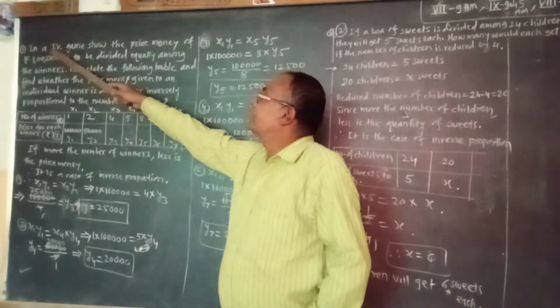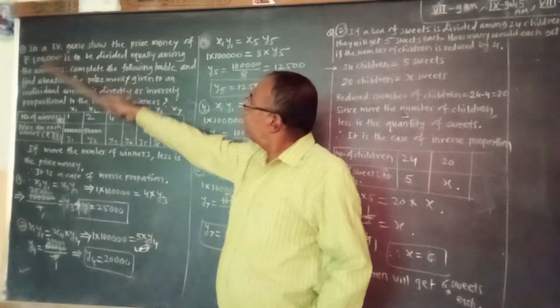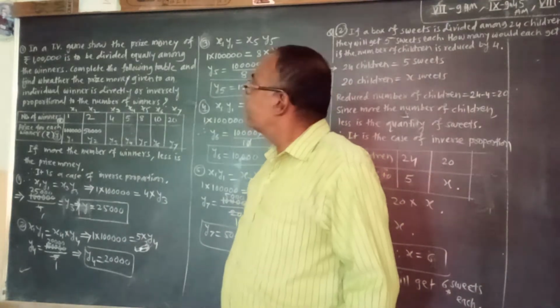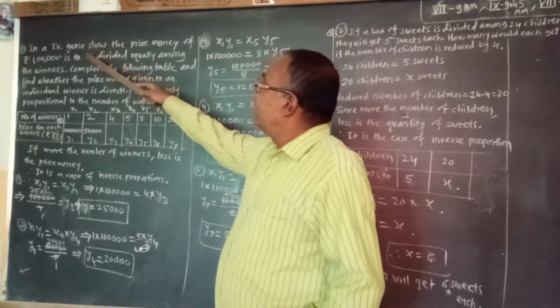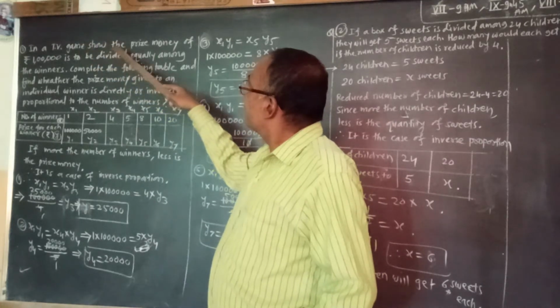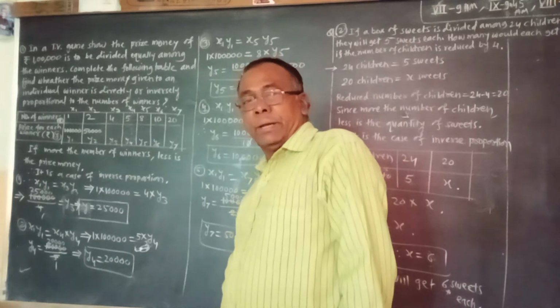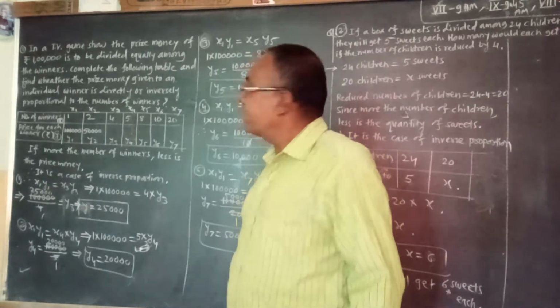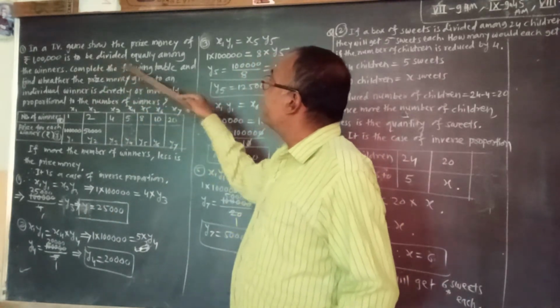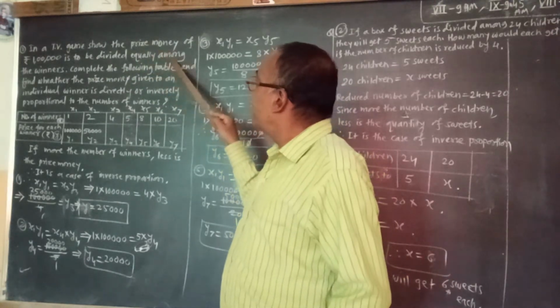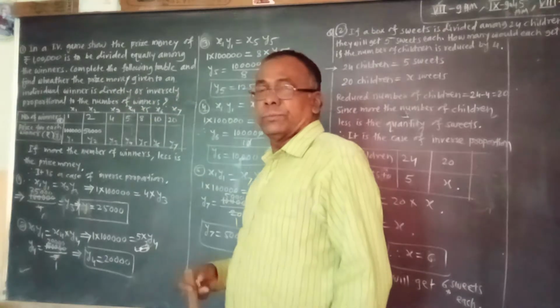Here the first example is that in a TV game show, the prize money of rupees 1 lakh is to be divided equally among the winners.